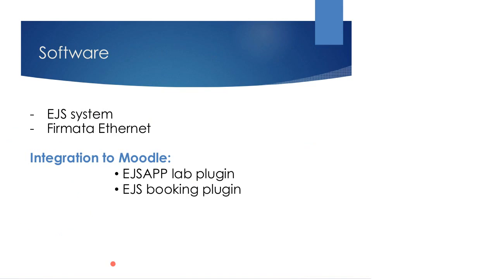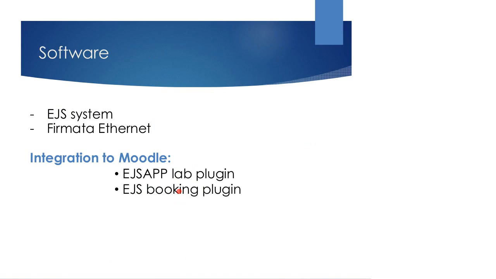Regarding the software decisions we've made, we decided to use the EJS system and Firmata Ethernet. The integration with Moodle is with the EJS app Lab plugin and the EJS booking plugin.